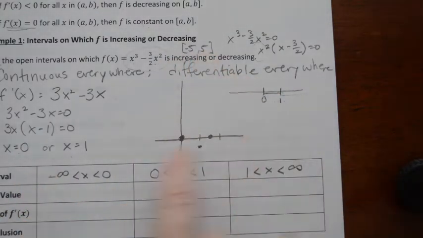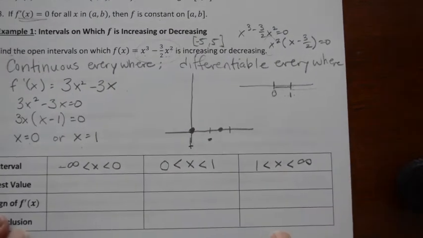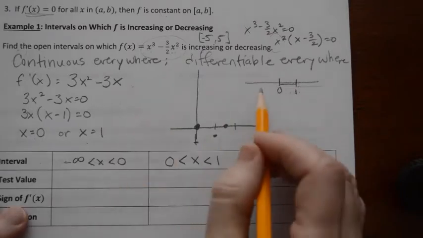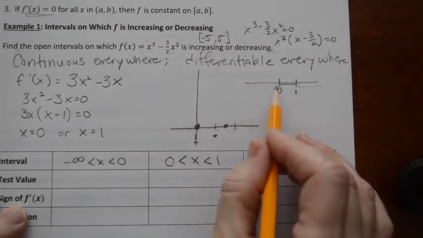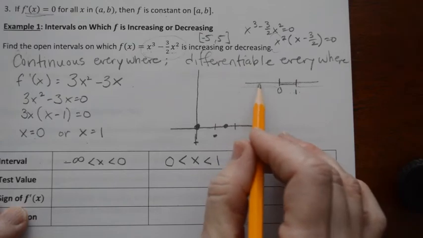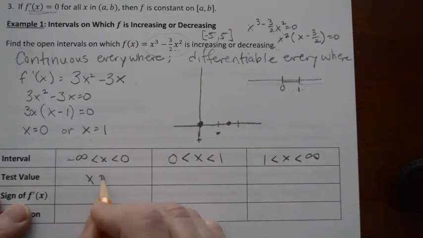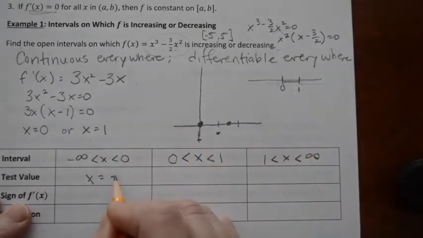But since they didn't give it to us, we're just doing it out to infinity. Okay. So then we're going to pick a representative from that set, because again, there's no point where the derivative is 0 in here, so it's either going to be all positive or all negative. So let's just pick a test value, and I'll pick x equals -1, let's say.